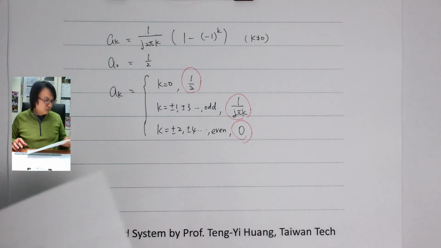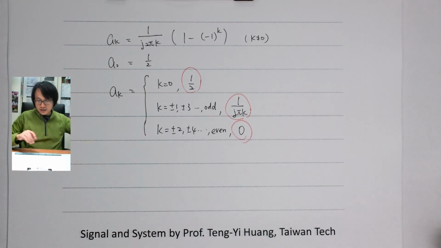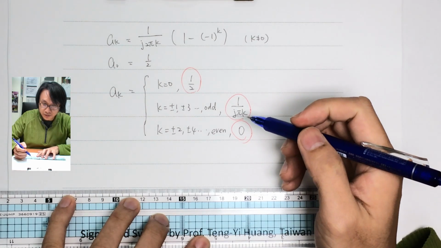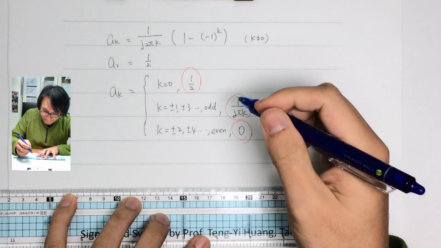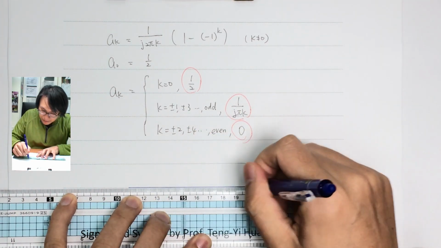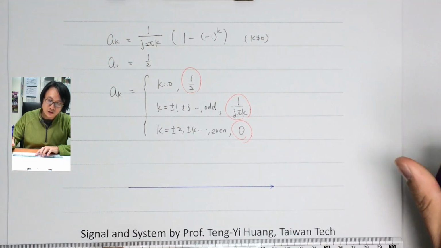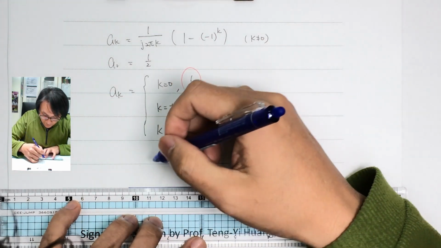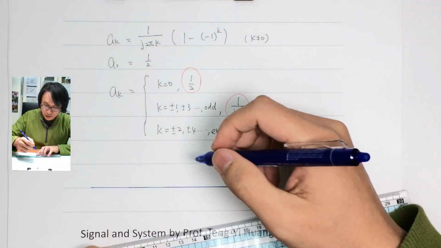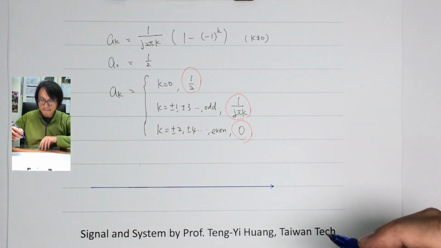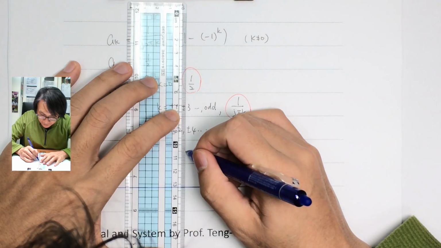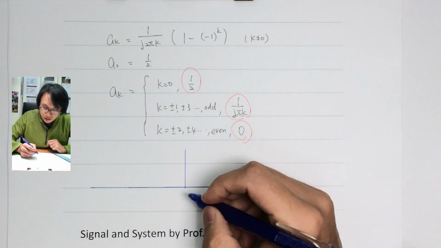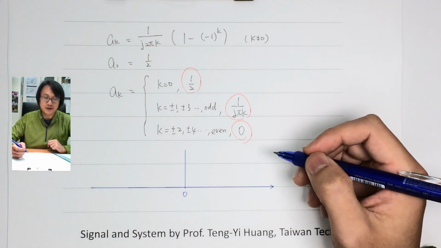Now we can draw the spectrum of this square wave. We can plot its spectrum. So, at frequency 0, the magnitude is 1/2.